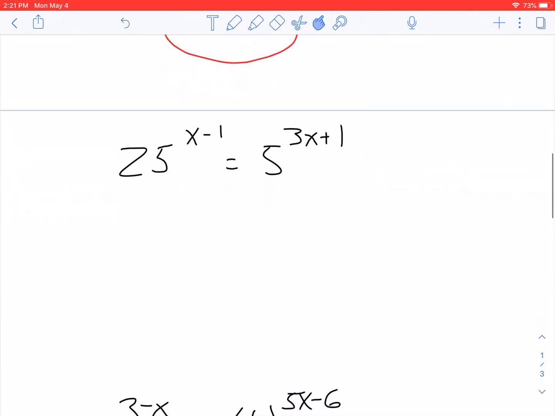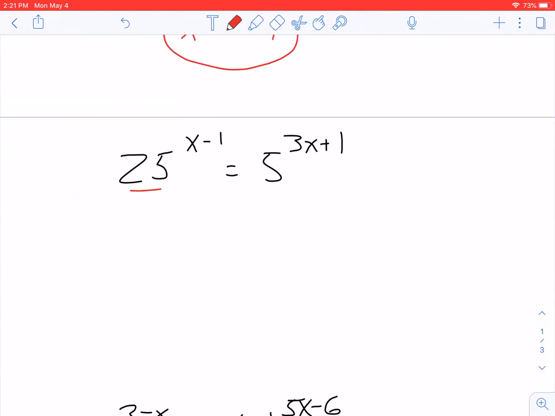So if we take a look at this next example, we see that we don't have the same base, but this should be a bit of a red flag for us. 25, I understand, can be rewritten with a base of 5. And we know that 25 is actually 5 squared.